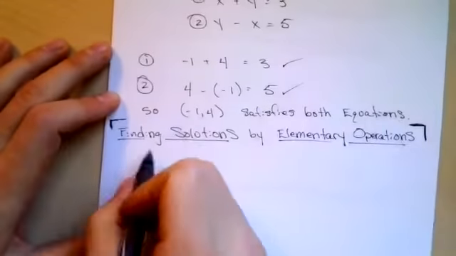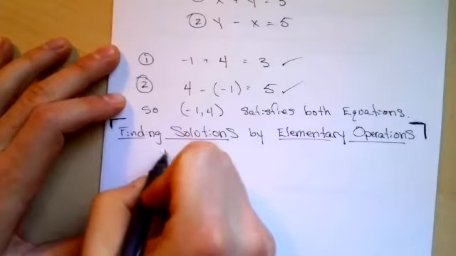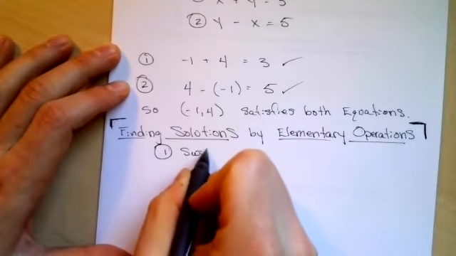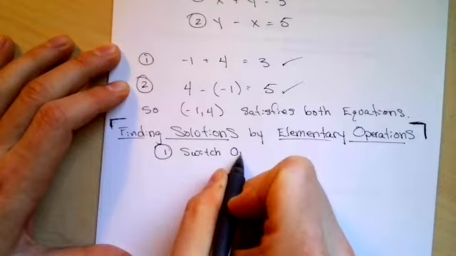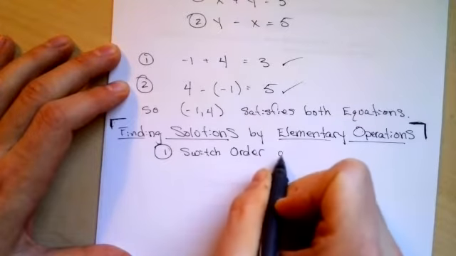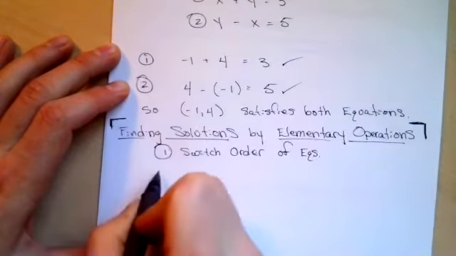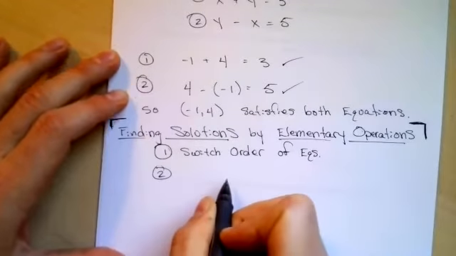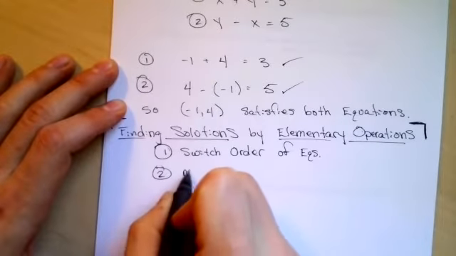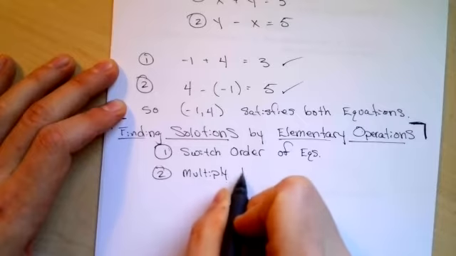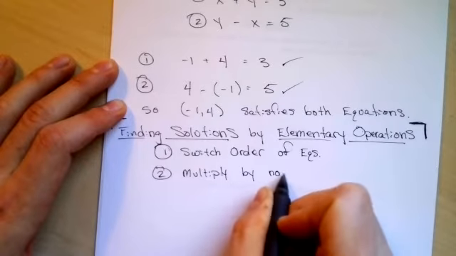So what are our elementary operations? We've got 3 things we can do. We can switch the order of equations. We can multiply an equation by some non-zero element.